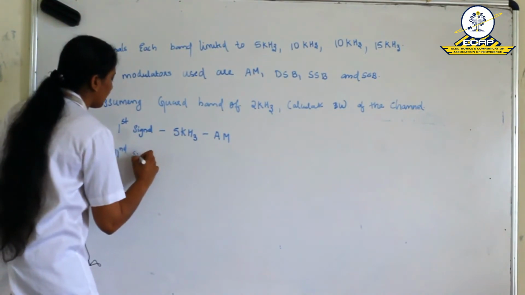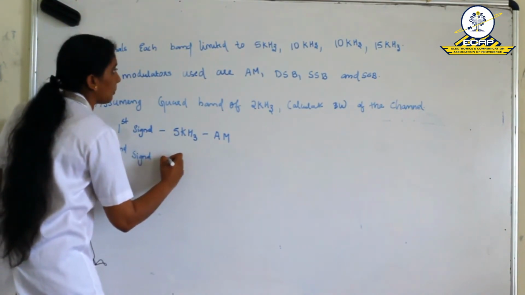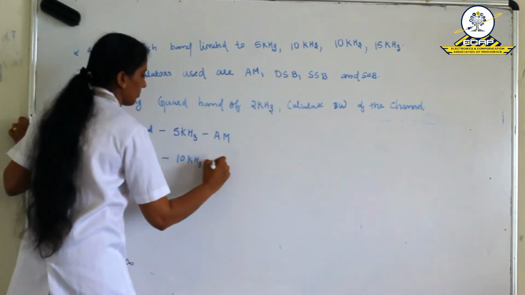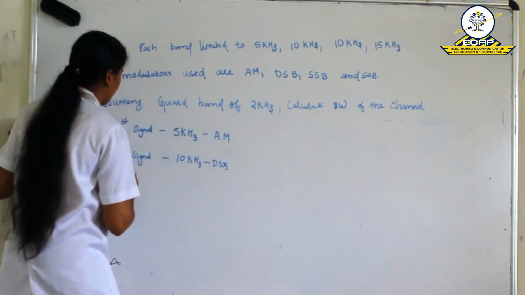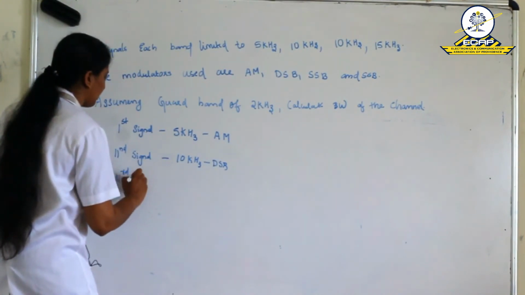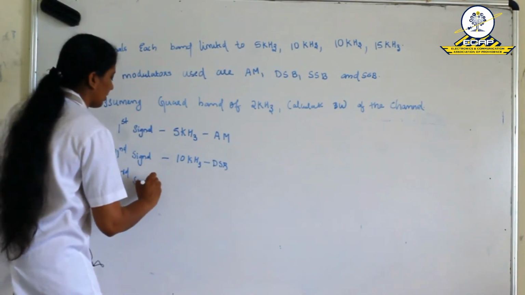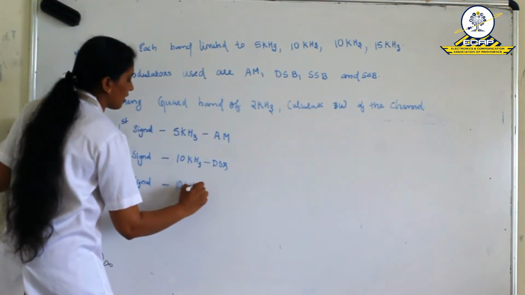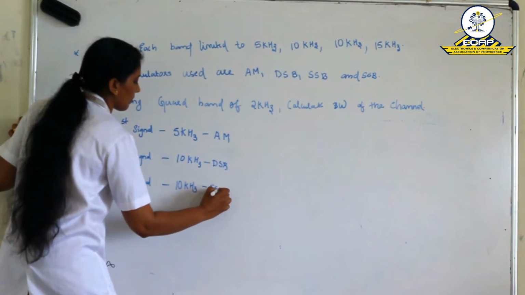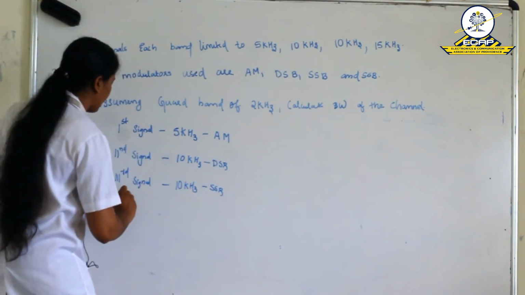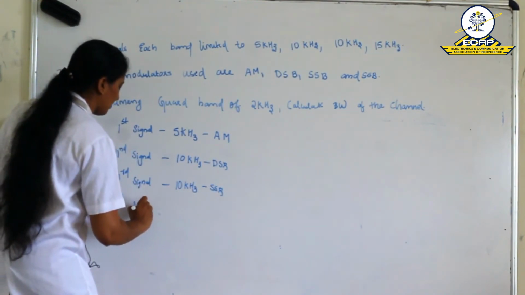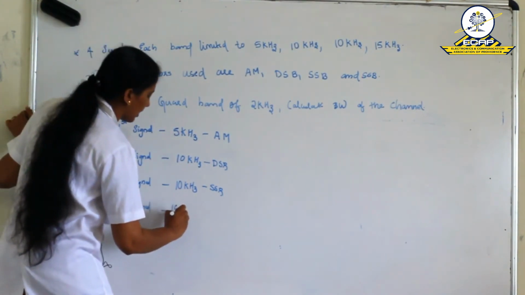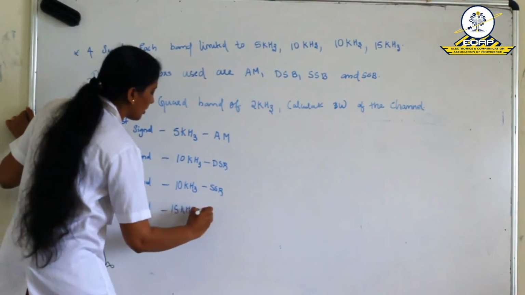Second signal, bandwidth limited to 10 kHz, using DSB. Third signal, limited to 10 kHz, using SSB. Fourth signal, limited to 15 kHz, using SSB.